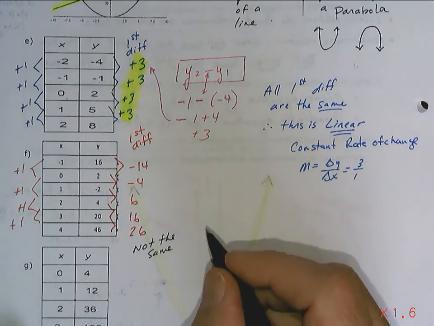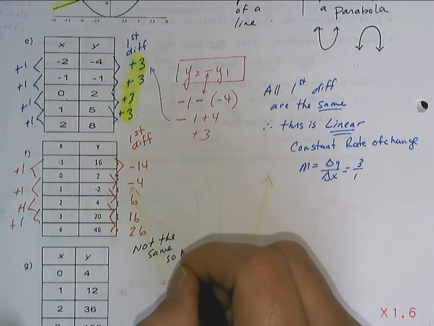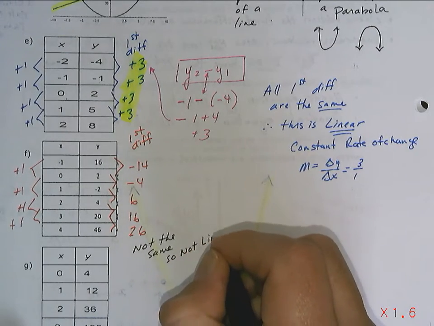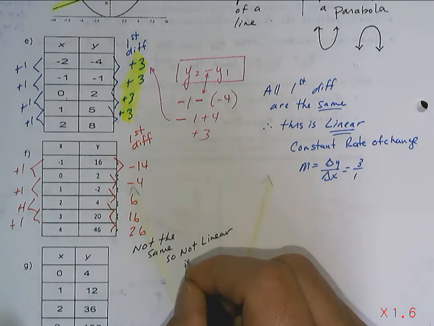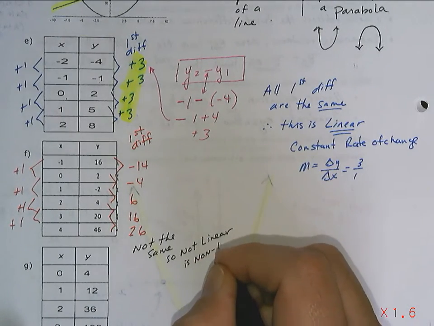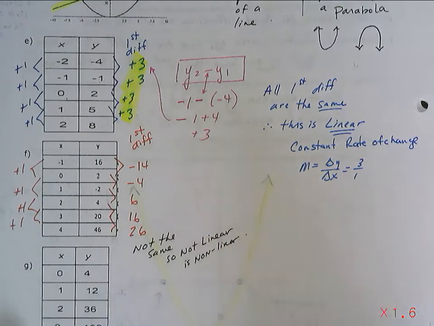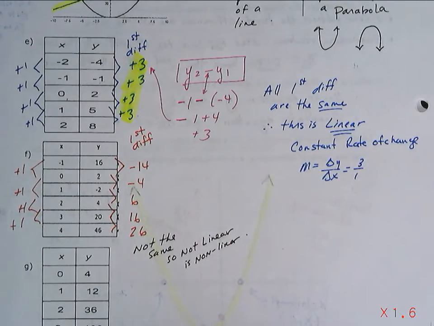This is not a line. A fancy way of saying that is to say it is non-linear. That's just a way of saying it in a nice way. You know how if you say it's not linear, you're excluding. But if you say, well, you are non-linear, well, that's so much nicer.